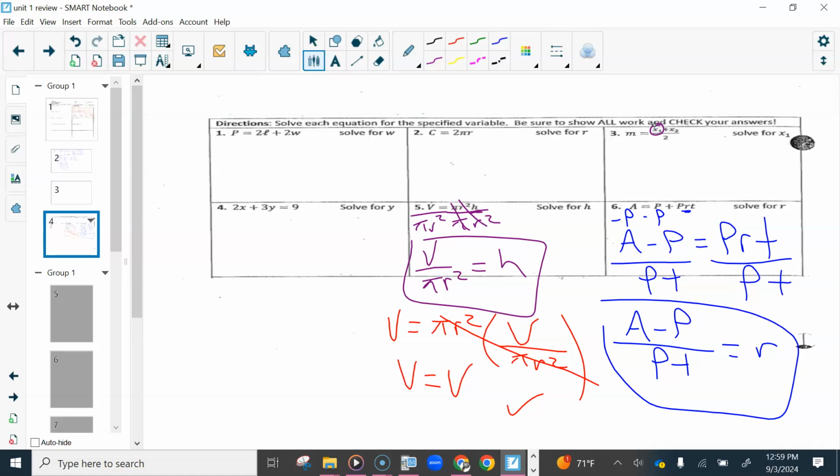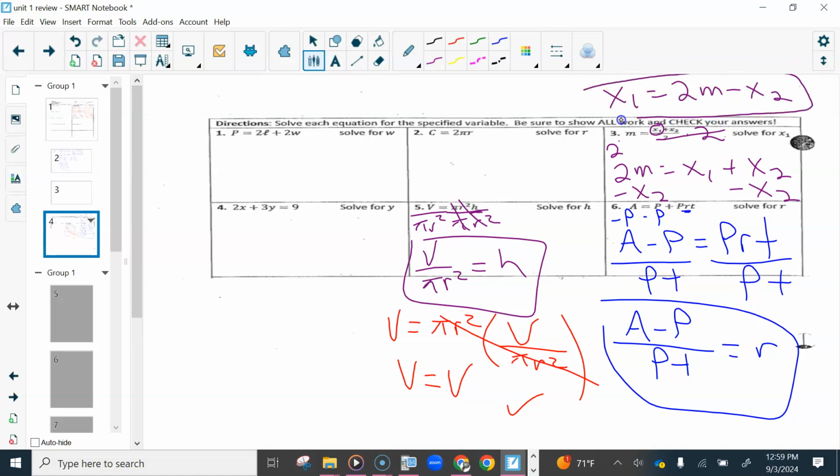Multiply. So multiply both sides by 2, so that those 2's cancel. And we have 2m equals x1 plus x2. Then we can get rid of the x2 by subtraction. So x1 equals 2m minus x2 would be our final answer.